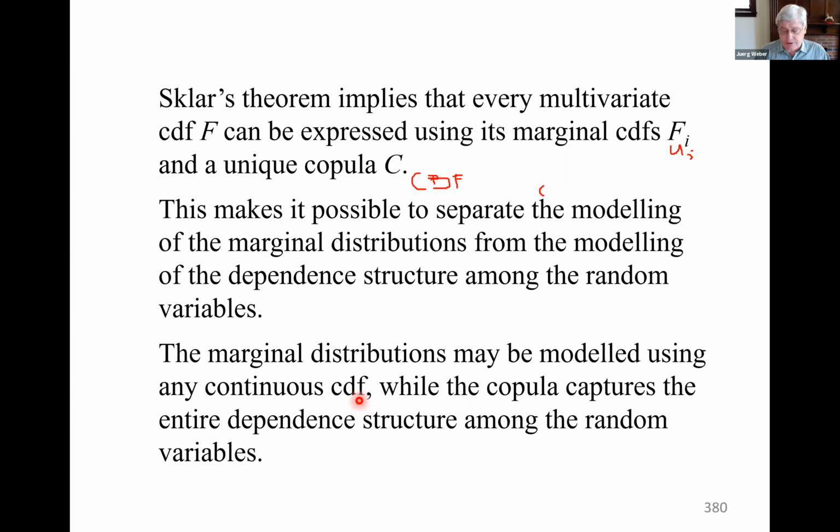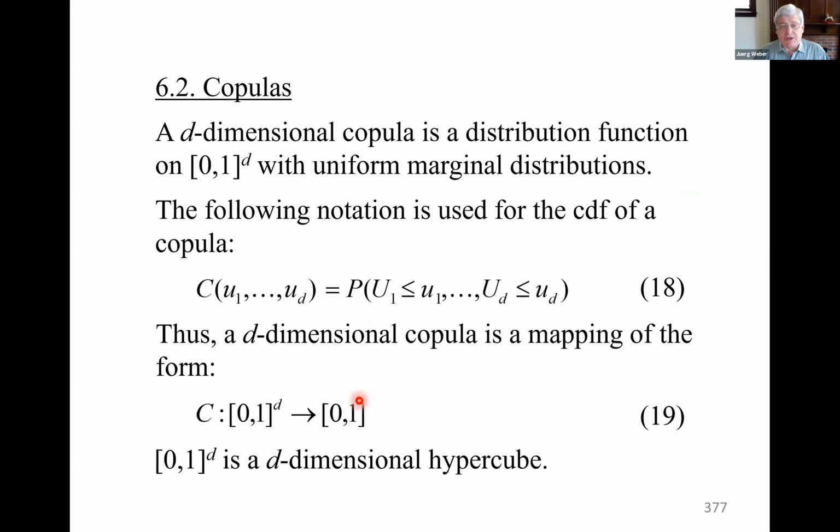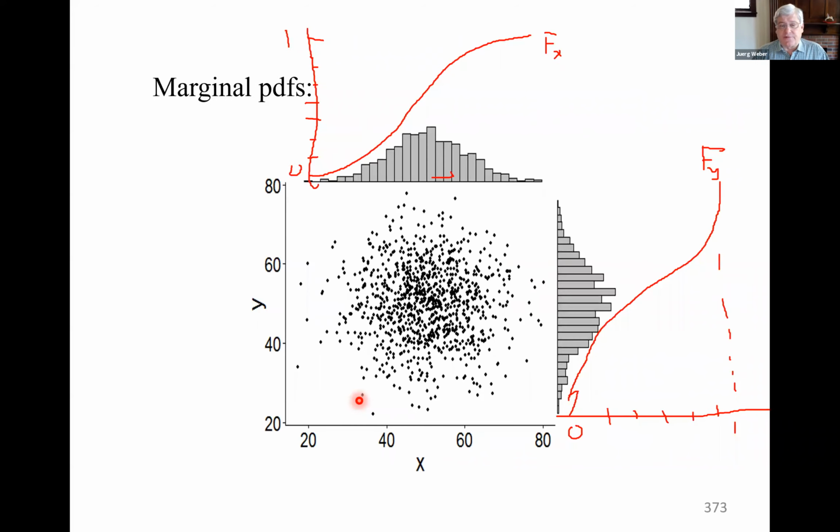So when you have a problem like this, you can first model those marginal distributions. Then you can calculate those uniformly distributed U values. And then you can try to find the copula CDF. So you go in 2 steps. First, you look at the marginal distributions, and that's an easy problem.